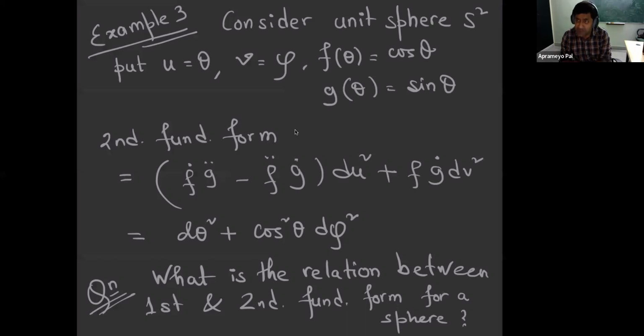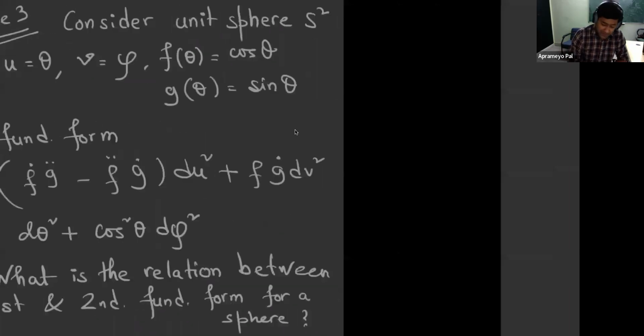If it is a unit sphere, then it's the same. If it's not a unit sphere, then it will have a constant radius. So then what can you say about the relation between first and second fundamental form? Okay, it's not difficult then.